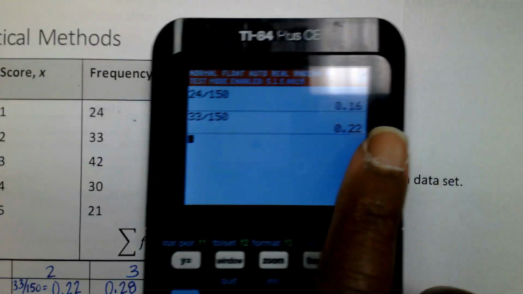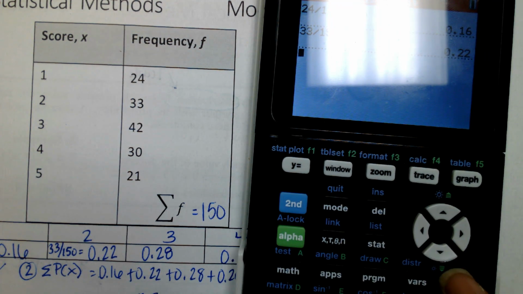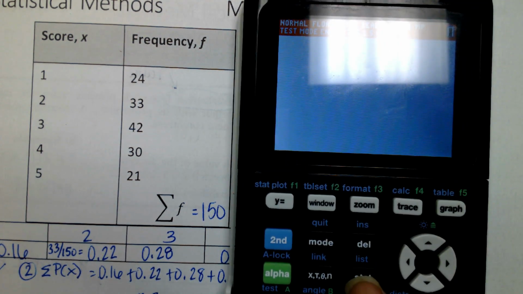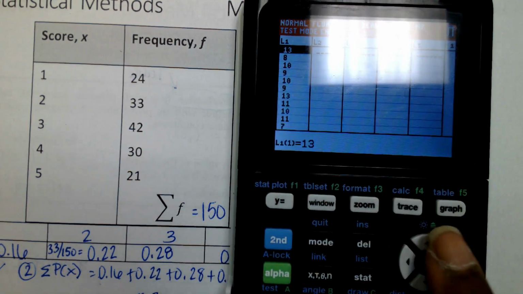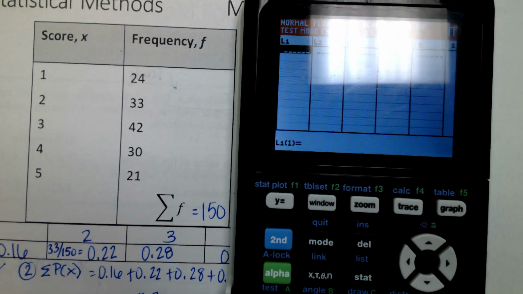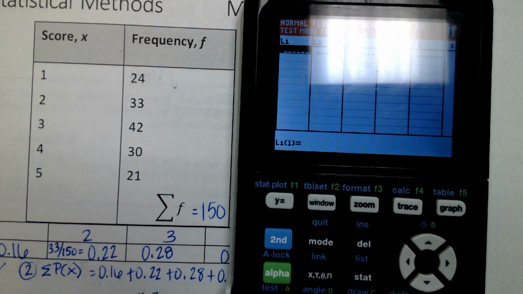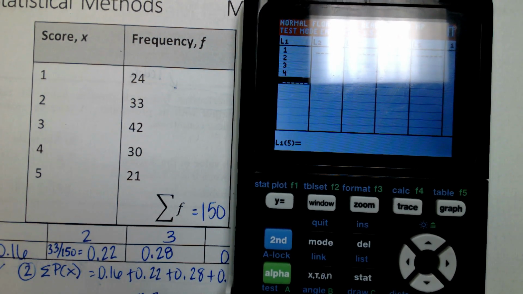So let me go back up here. Once it's stacked, edit. I have something in my L1, so I'm going to go up and clear this. Don't delete, just clear. You never want to delete anything, you always want to clear. I'm going to put my possible x's in L1.